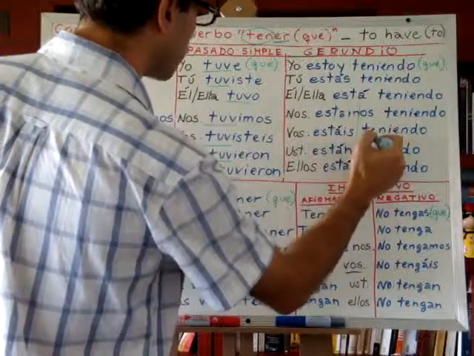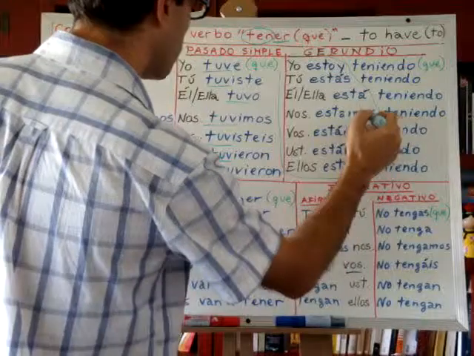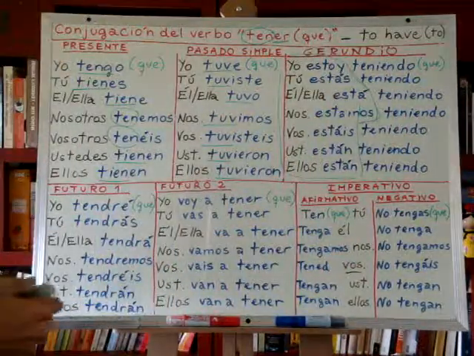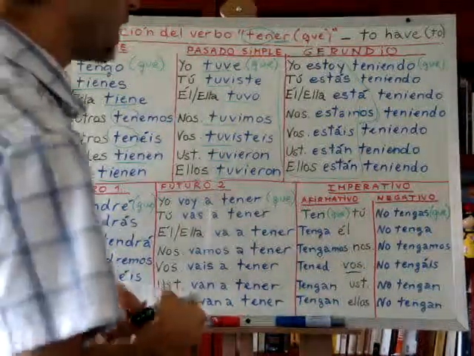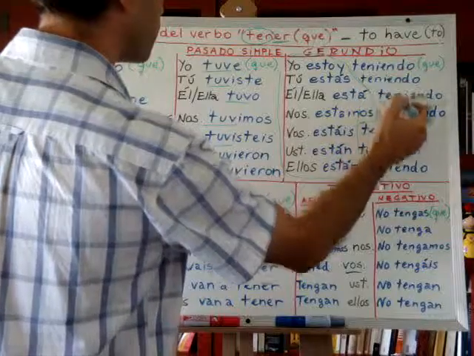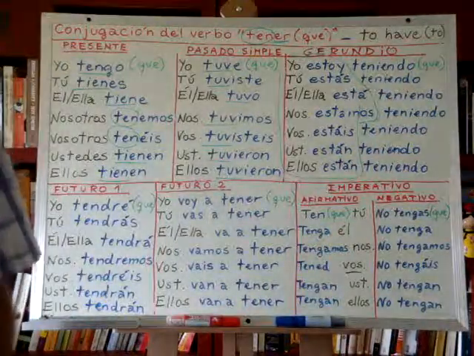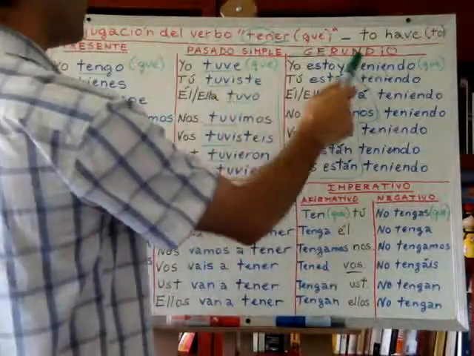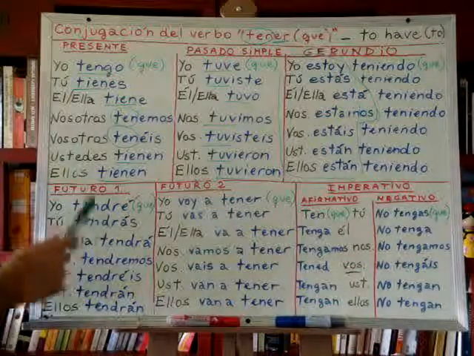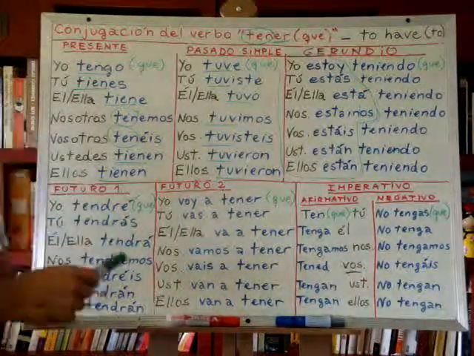This will always remain the same for all the verbs we want to conjugate in present continuous, and then we add the ending to the verb we want to conjugate, okay? In this case, the verb tener, teniendo, okay? Let's see the future. This is the simple future, the typical future tense in Spanish, okay?